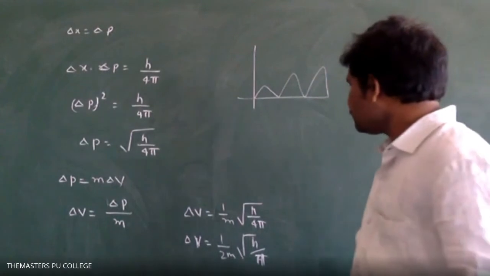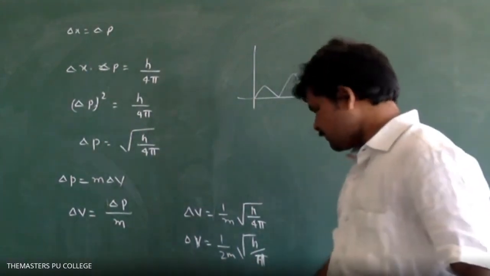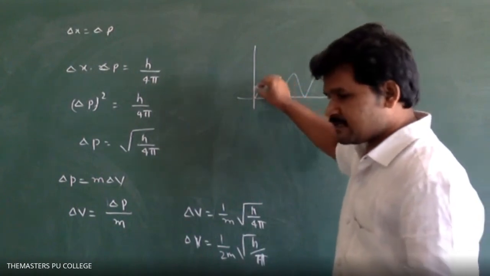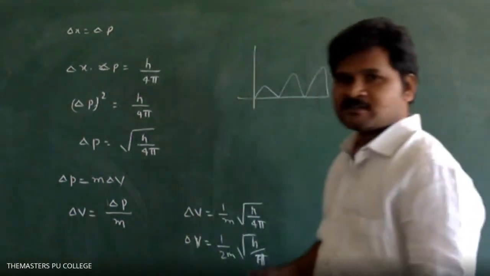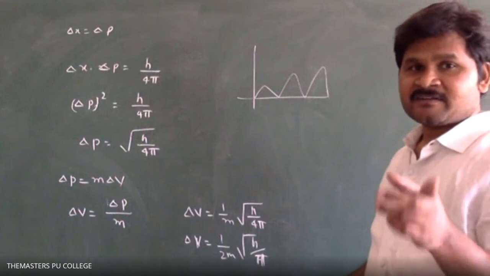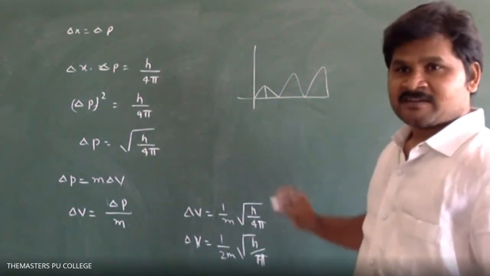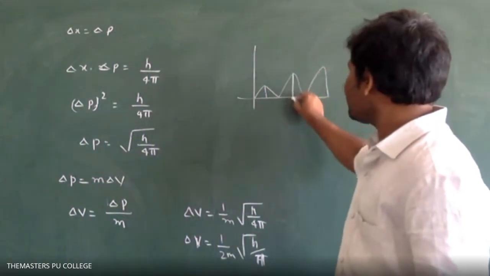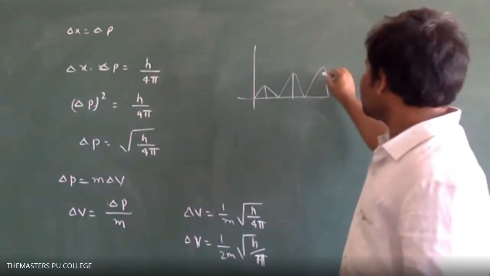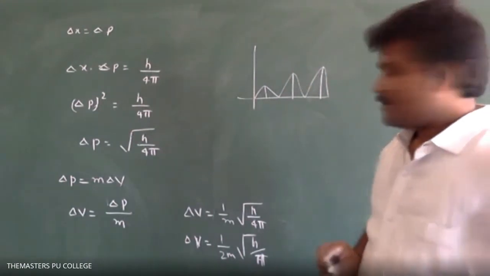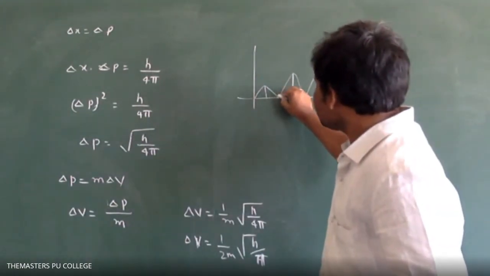Now, please listen here. You asked what is the nodal plane and radial node. These are the points of maximum probability of finding the electron. What about these points?